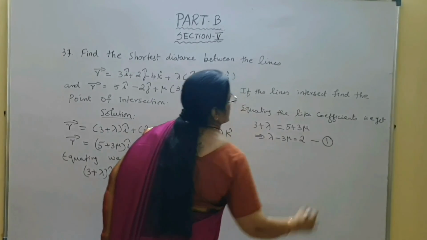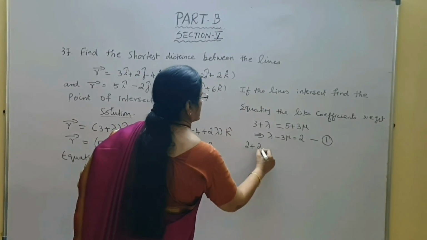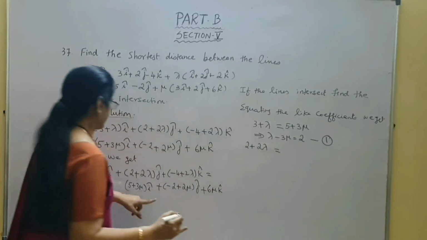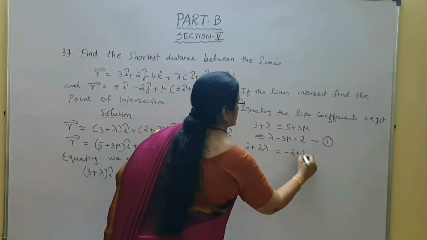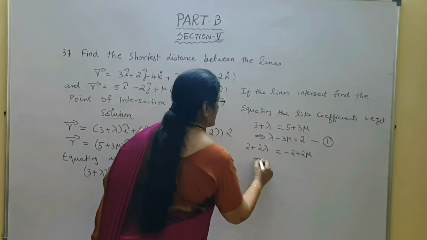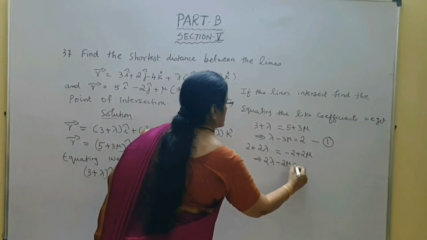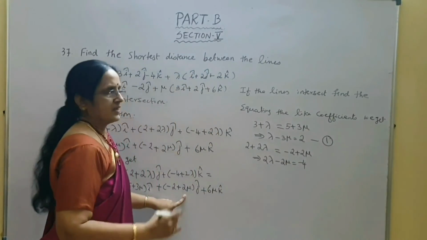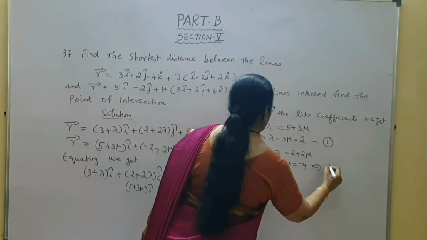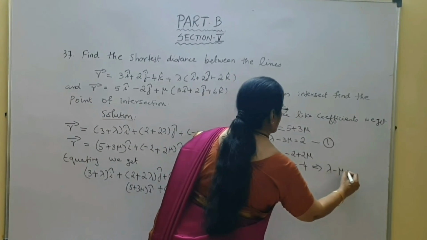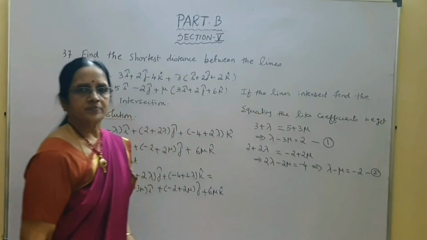This is the first equation. 2 plus 2 lambda is equal to minus 2 plus 2 mu. This implies 2 lambda minus 2 mu is equal to minus 4. Dividing throughout by 2, this implies lambda minus mu is equal to minus 2. Name this as equation 2.